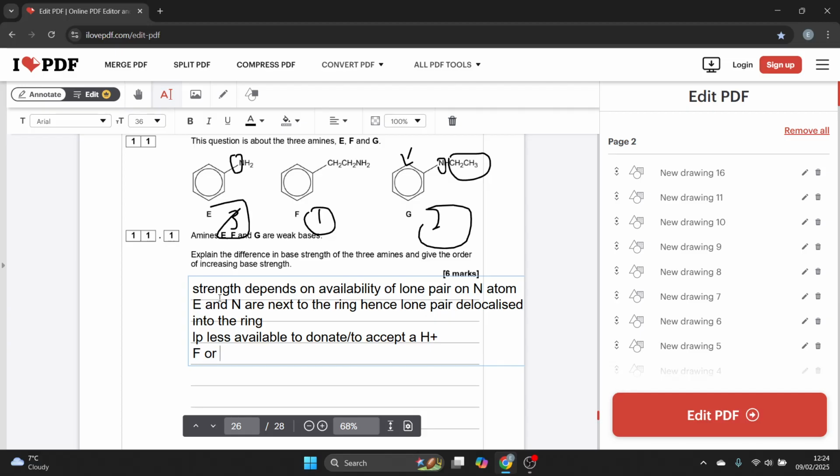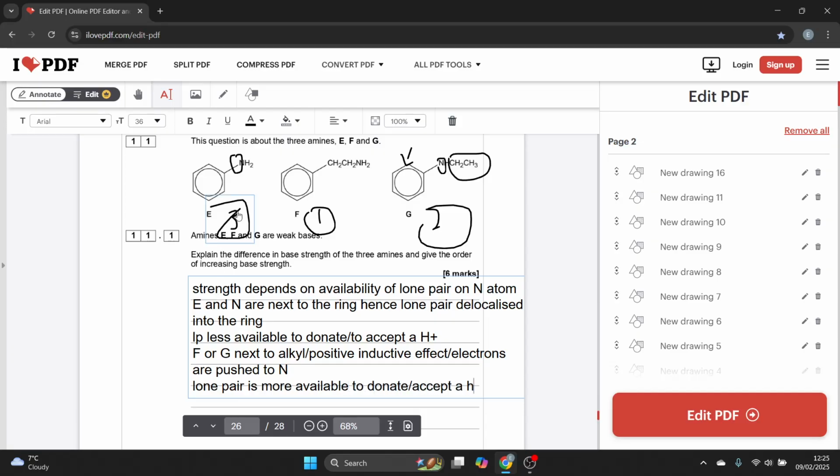F, or both of them, are next to alkyl groups, a positive inductive effect. Electrons are pushed onto N. The lone pair is more available to donate, to accept a H plus, and therefore the order of increasing base strengths.